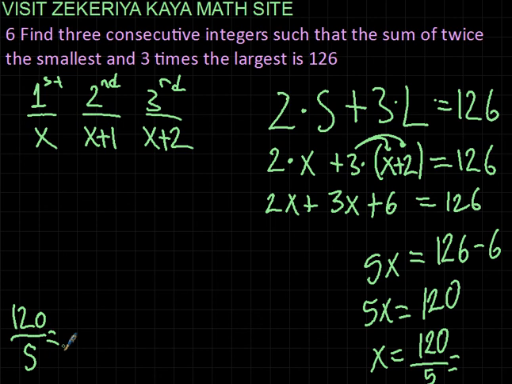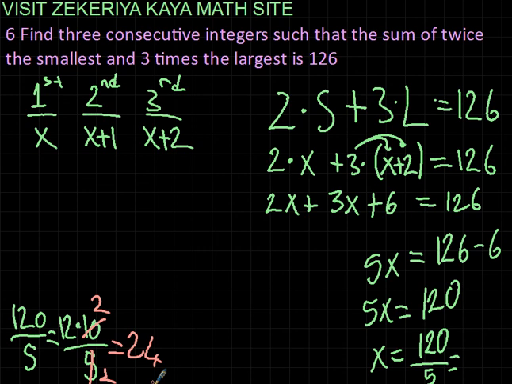I can write 120 as 12 times 10 over 5, because I know that 5 and 10 are easy to simplify by 5. 5 by 5 makes 1, 10 by 5 makes 2. 2 times 12 over 1 is simply 2 times 12. What is 2 times 12? It is 24. You can find it easily like this.